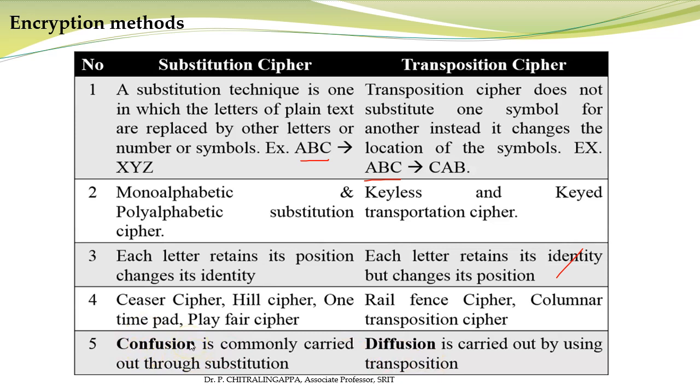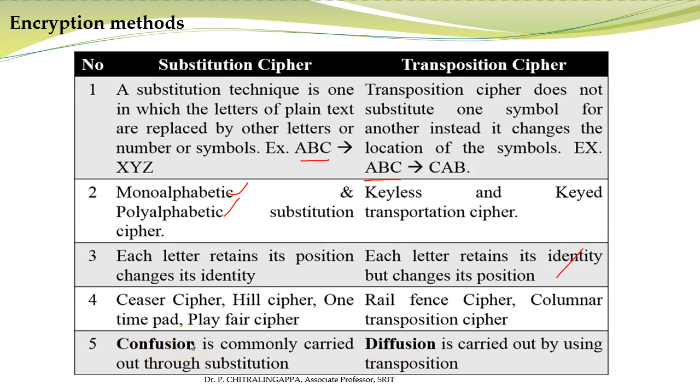Under substitution, monoalphabetic and polyalphabetic are some of the methods. Under transposition, rail fence and columnar transposition are some of the methods.